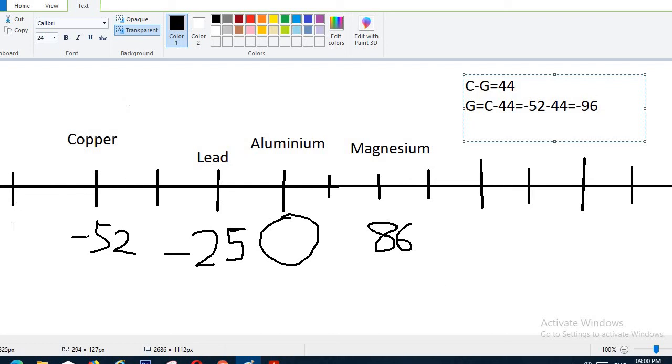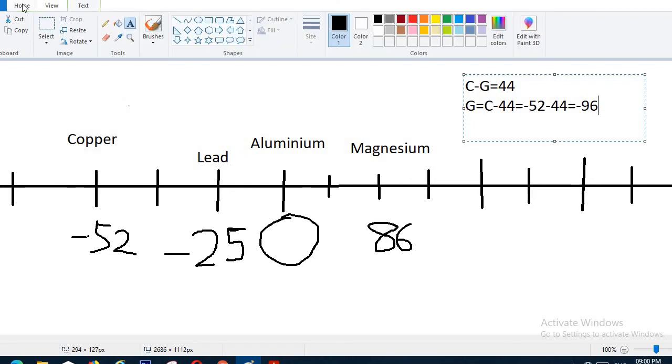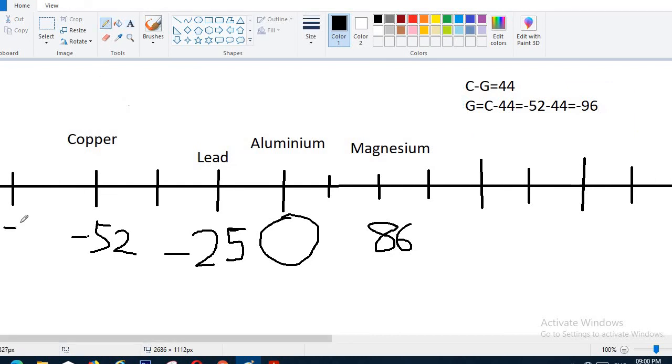So here we can go up to here and suppose this is minus 96, and this is gold.